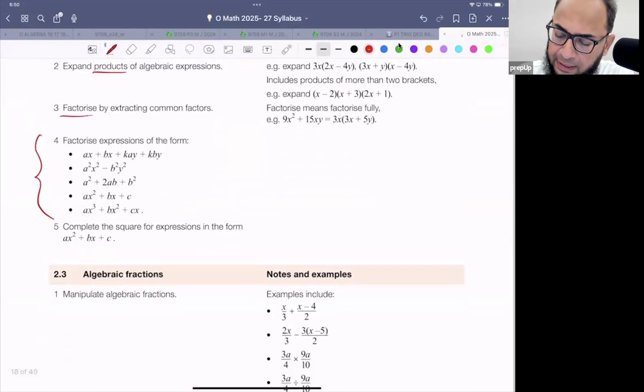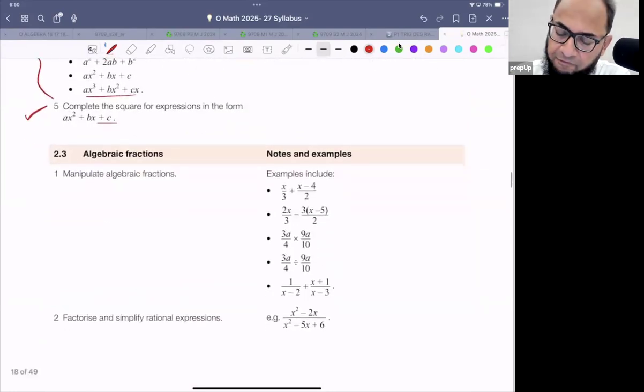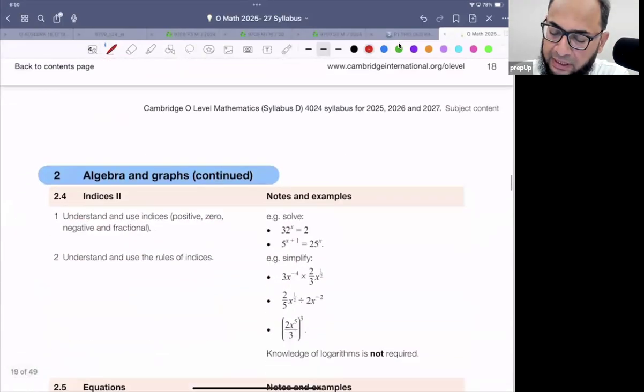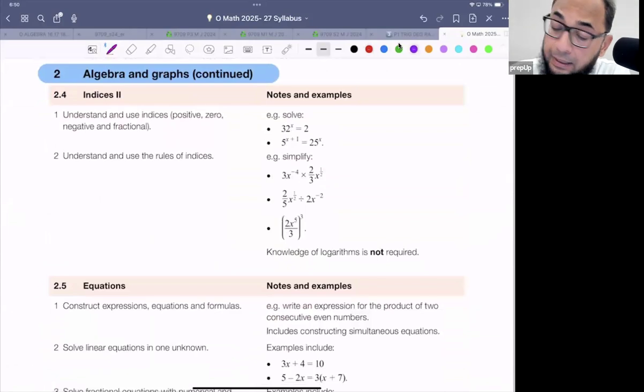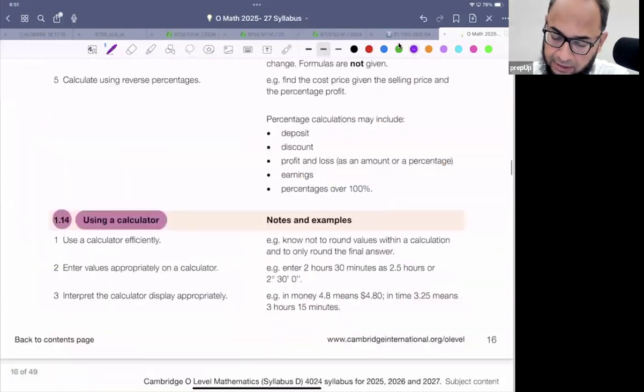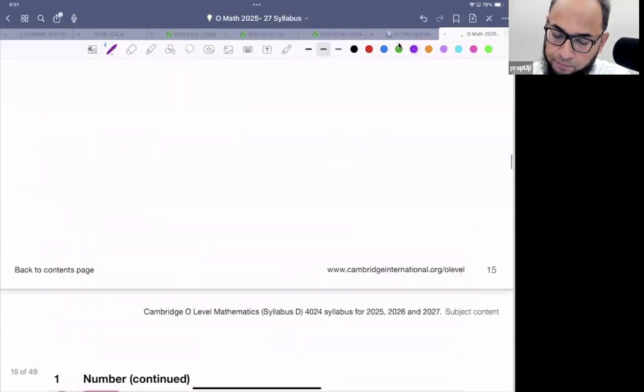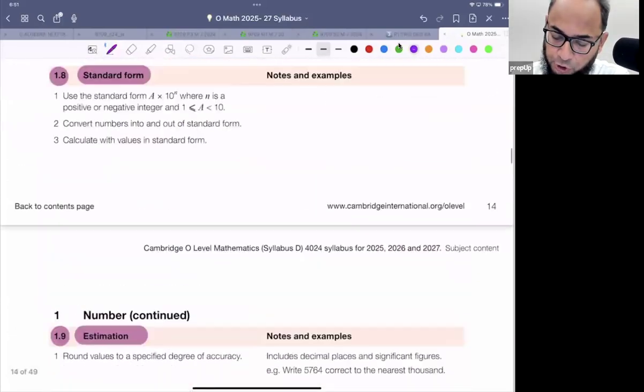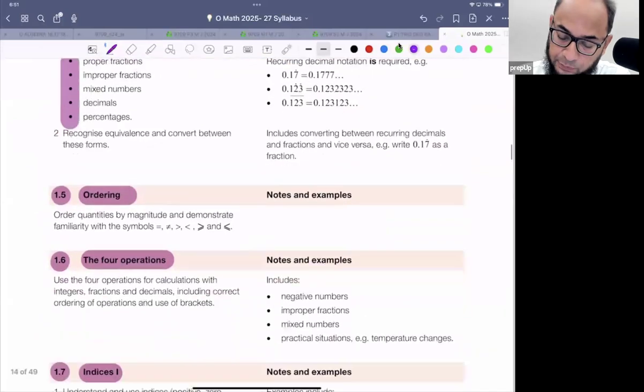And this thing is just taking x common out, complete the square, that's done. Fractions, algebraic, that's done. Simplify, rationalize, it's all in the initial lectures. Not yet. Indices, not yet. Now this indices is linked with this indices of numbers. Let me just show it to you. Estimation, standard form, indices 1.